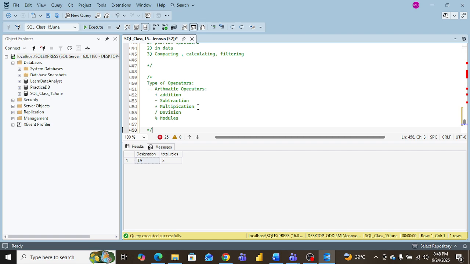In SQL Server and databases, people often refer to a database object as a modulus. So there are a lot of things I tell you.